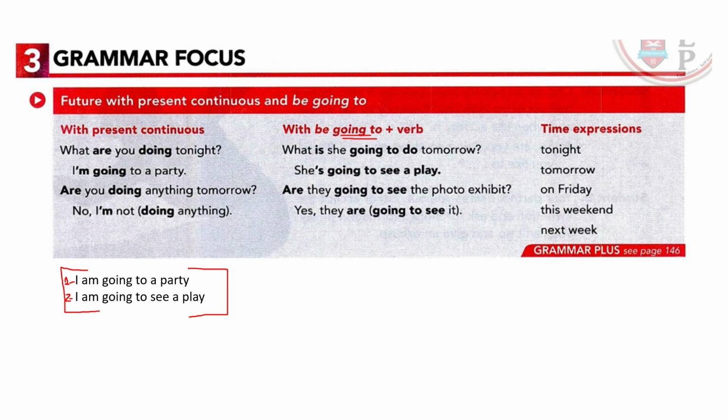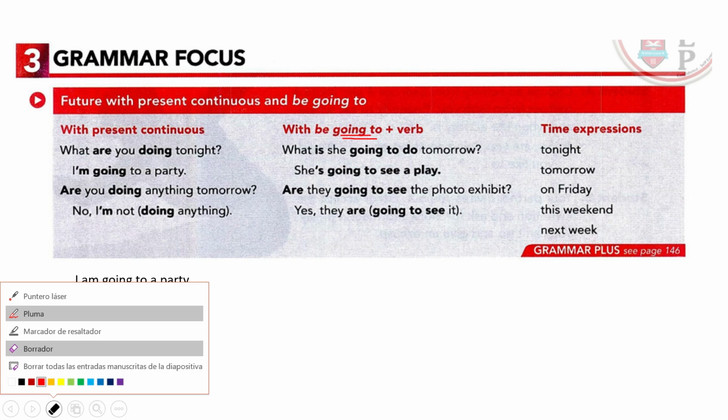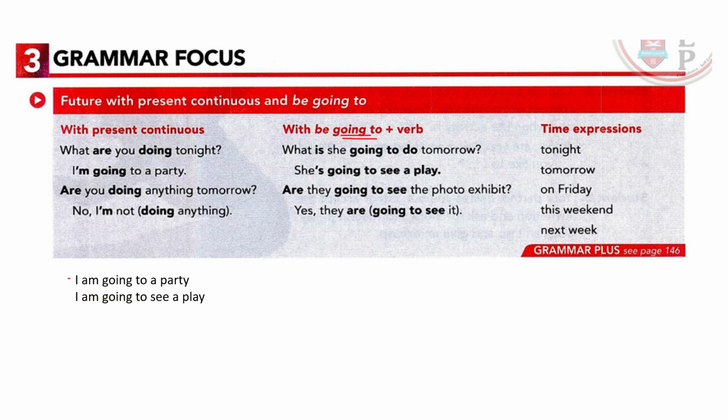Okay, so the first sentence is in present continuous, guys. Present continuous. Why? I will explain why in a moment. I am going to a party. If you look at these two sentences closely, you will see that they are pretty similar.